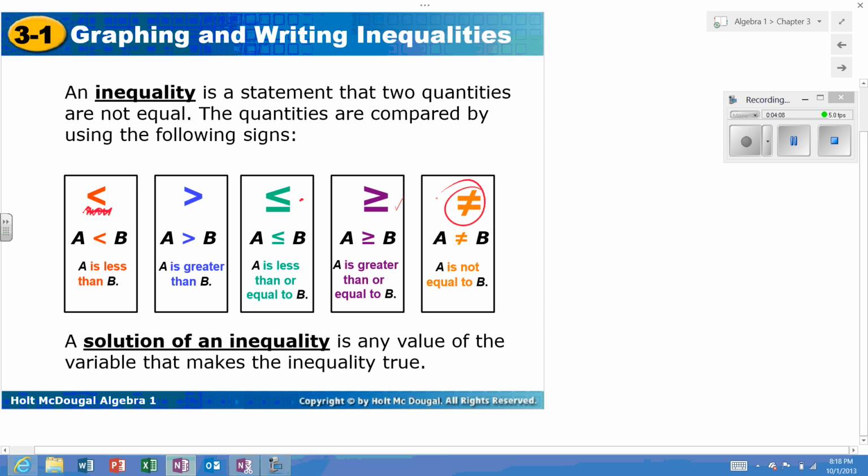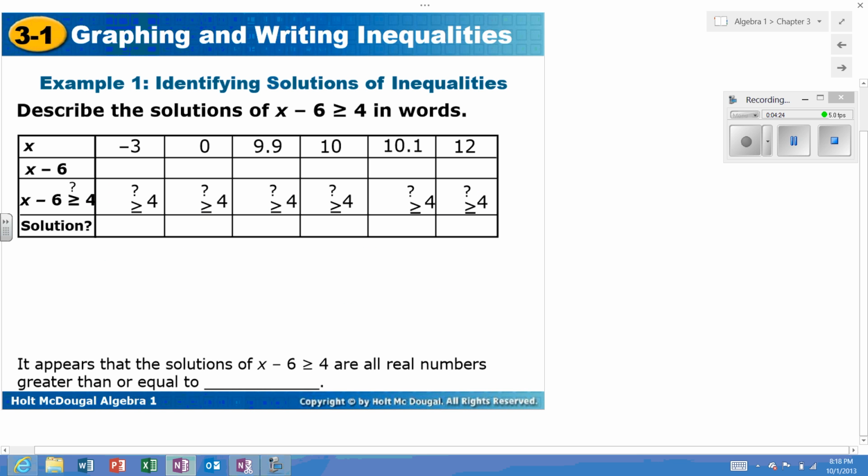And then a solution of an inequality is just any value of the variable that makes the inequality true. So basically, whatever I can plug into the variable, be that x or whatever, if I plug it in and the inequality is still true, then that is a solution of the inequality.